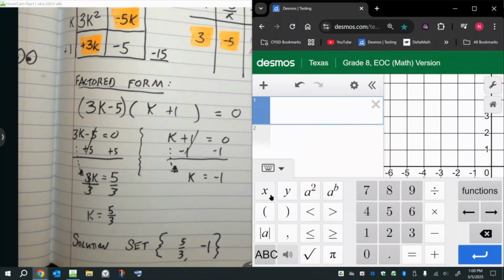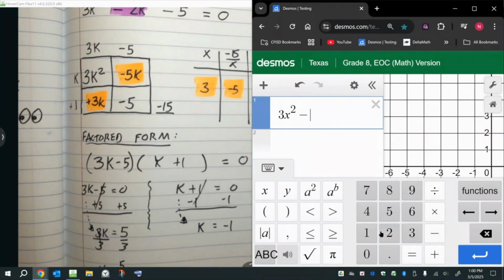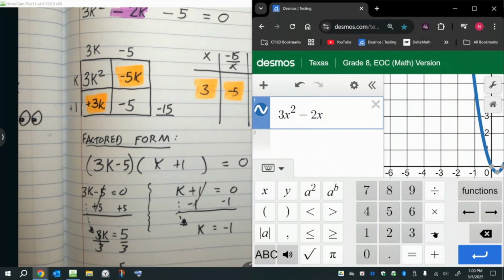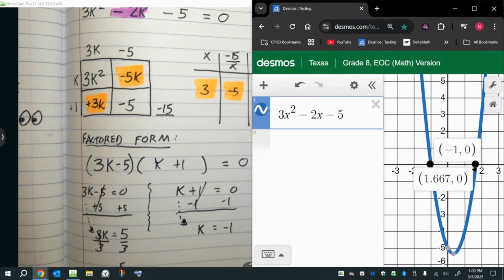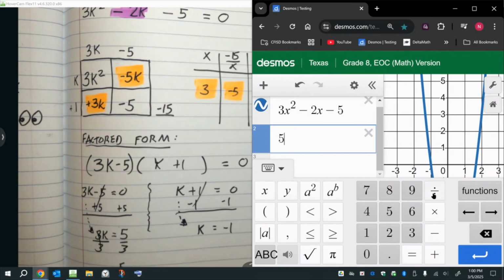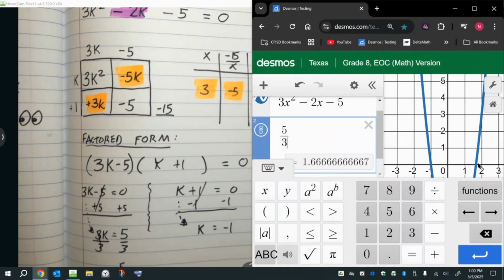Check to see if the solution set is there. 3x squared minus 2x minus 5. There's one of them at -1, and the other one that looks funky. But if you do 5 divided by 3, you'll see that funky number right there.